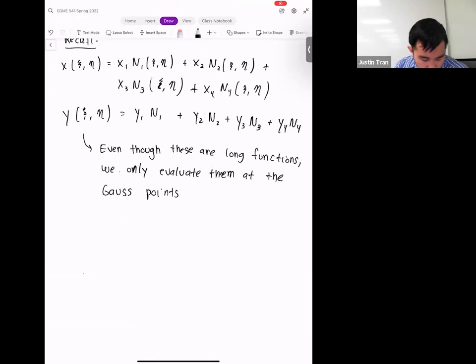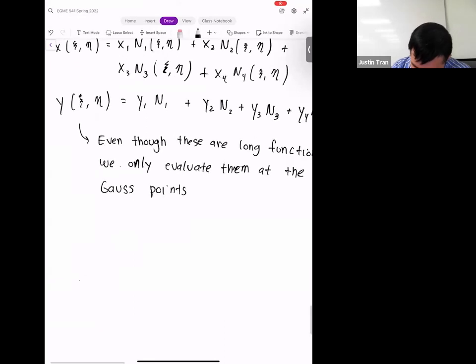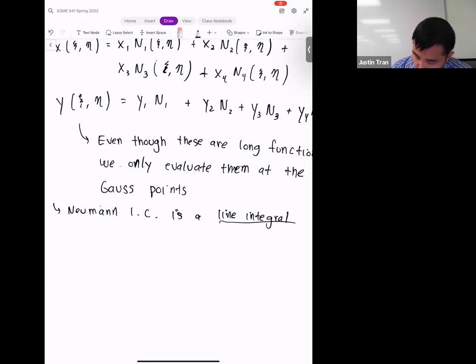And so our Neumann BC is a line integral. I know people freak out a little bit when you hear line integral, surface integral, but for our practical purposes, a line integral is actually no different than a simple 1D integral.